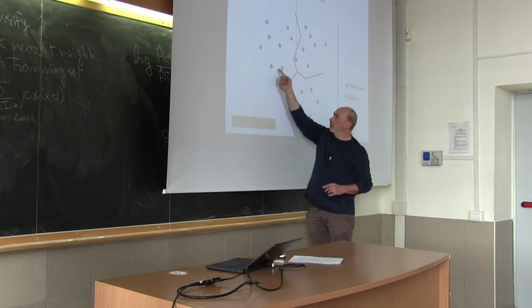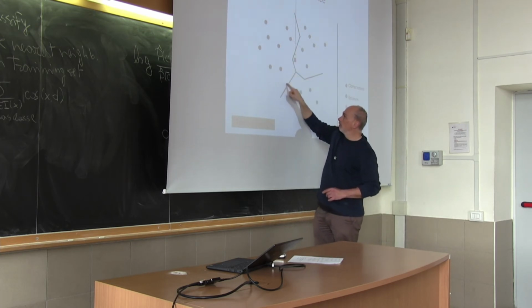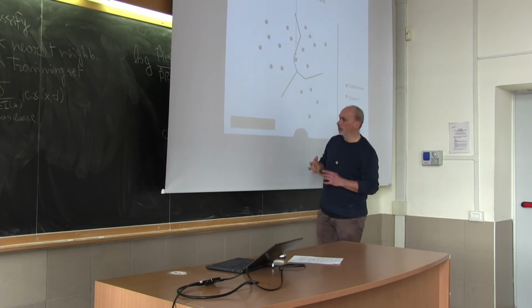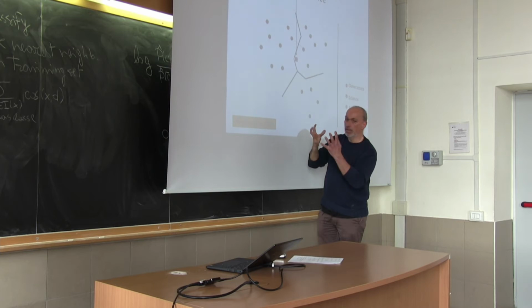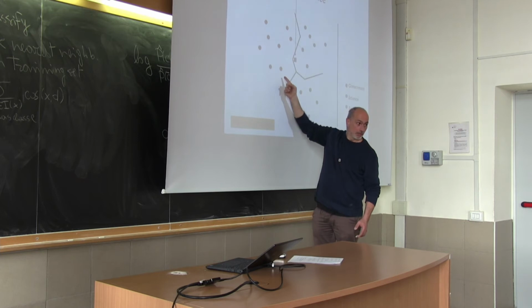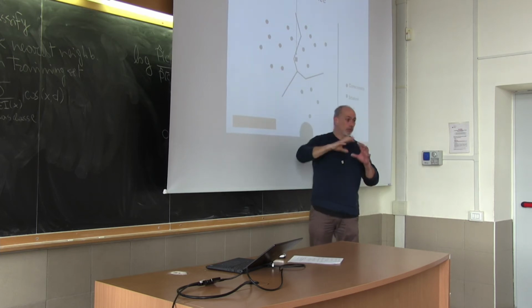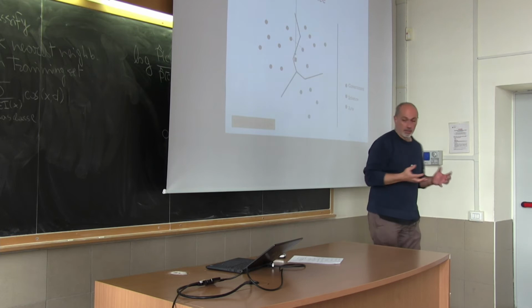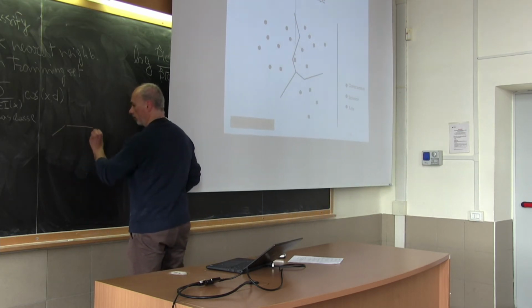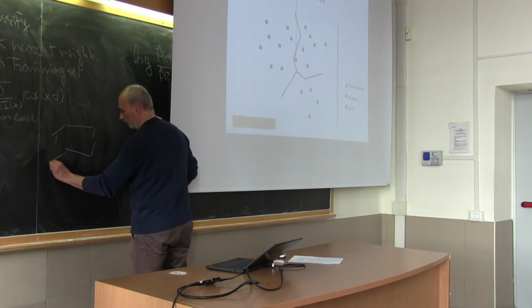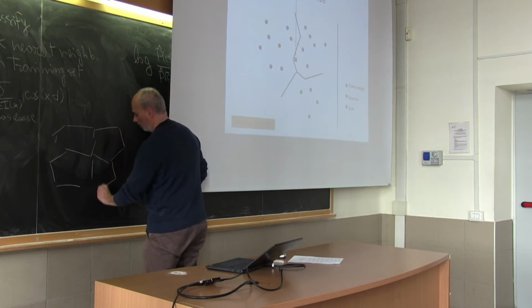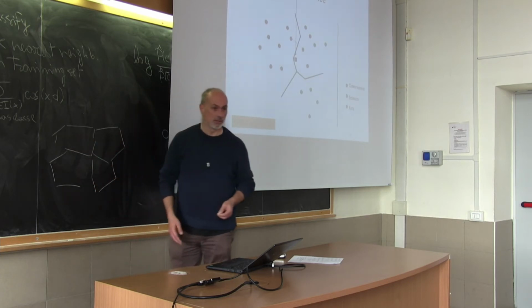So for every point, if you compute, it's not a subspace actually, the area, the volume in which all points would be mapped to the given point, you have what is called the Voronoi tessellation. In a surface, if you have a two-dimensional space, a tessellation will look like a set of polytopes.